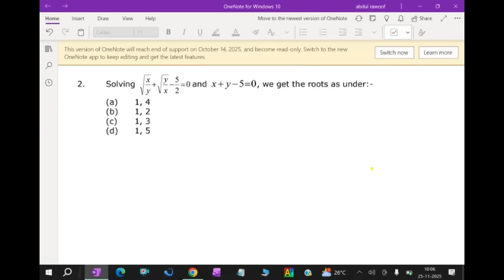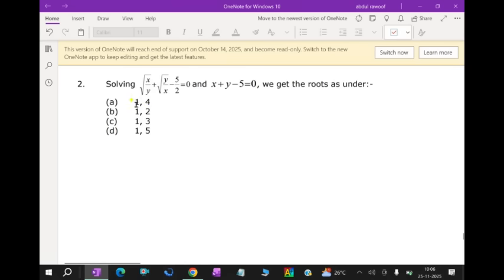Here root of x over y plus root of y over x minus 5 over 2 equals 0, and x plus y minus 5 equals 0, we get the roots. Here it is better to use hit and trial. That means we can use these options and get the values.